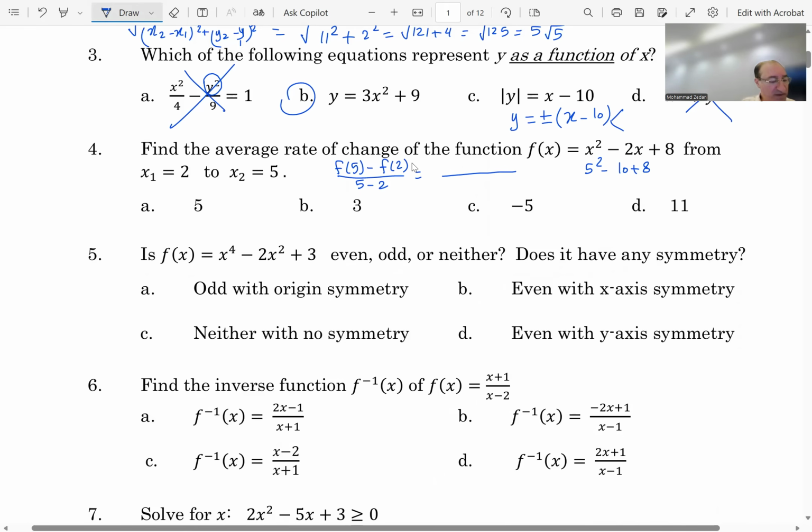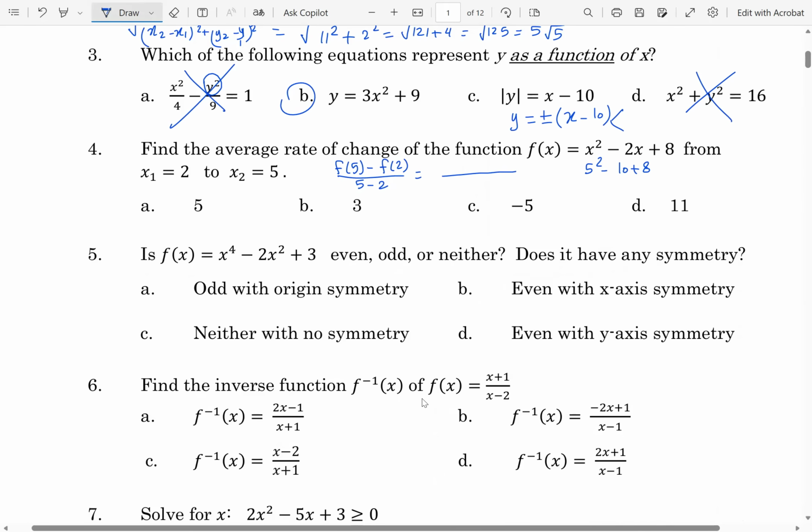You can solve it by calculator and solve it here. And continue now solving.